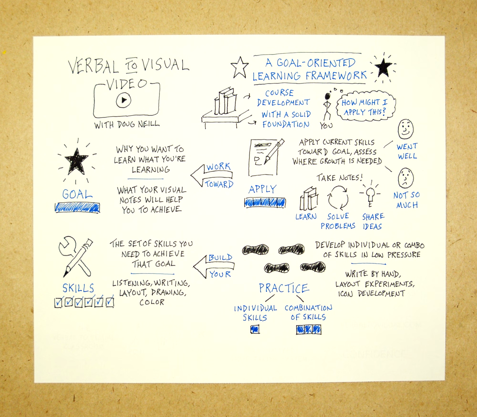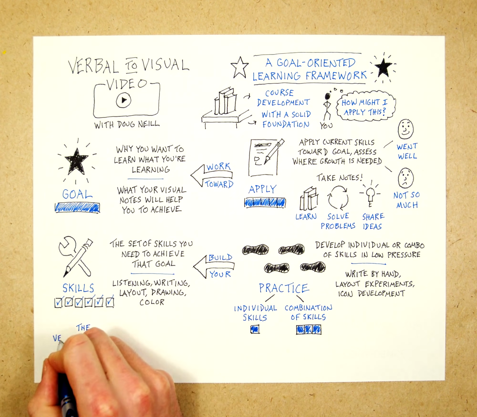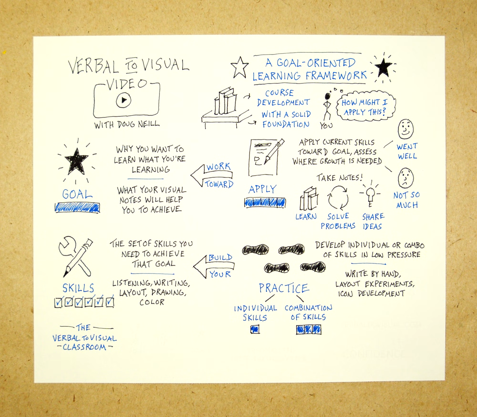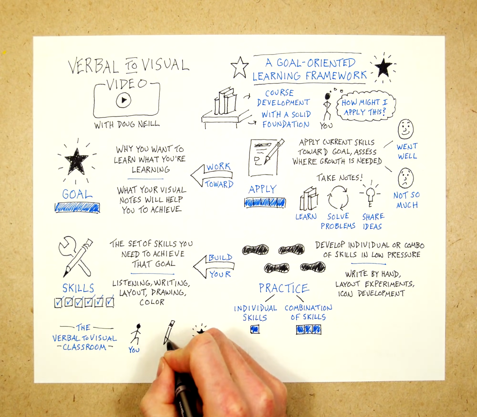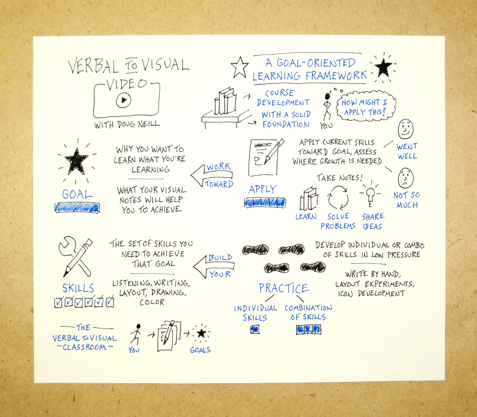As I mentioned in the beginning of this video, it's this framework that I'm applying to the Verbal to Visual Classroom, which is an online course that I'm developing to help you develop your visual note-taking skills very much aligned with your specific goal. The first thing that you will do in that course is clearly define your goal.